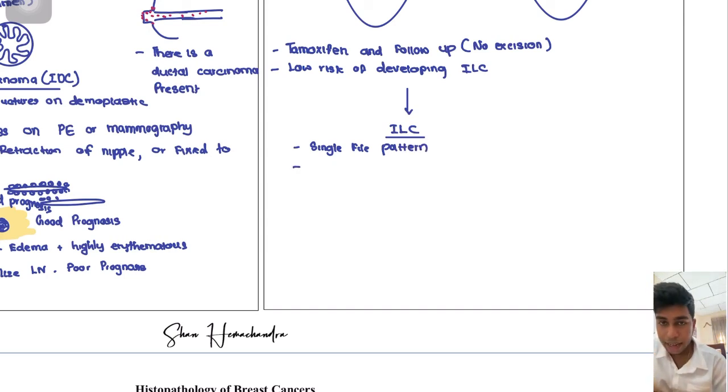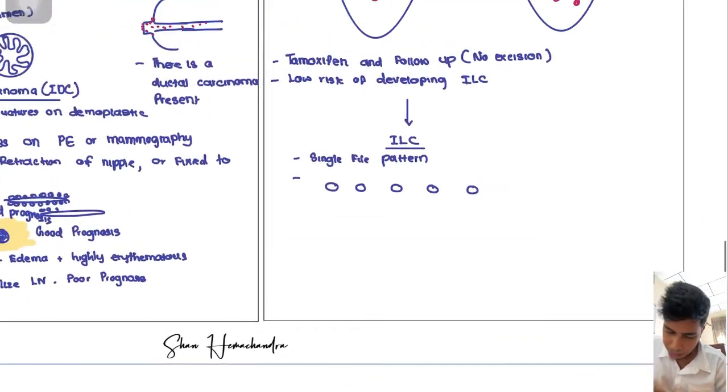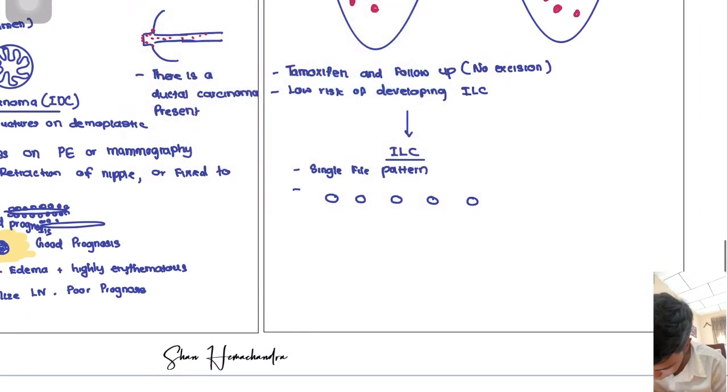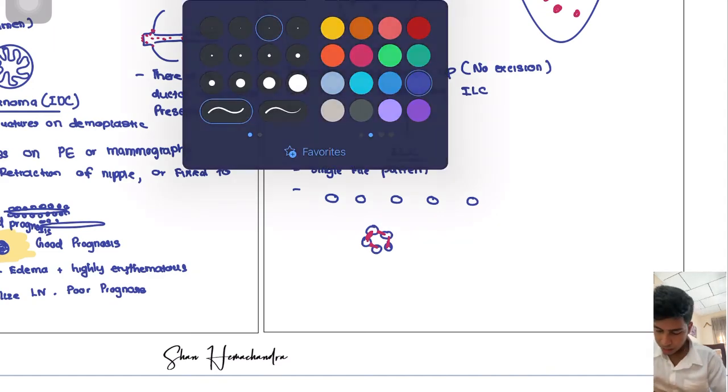And like I said, there are no E-cadherin molecules, so these cells will look more like this. We'll see it on histology, but basically it's not going to be a type of tumor where there is a connection with each other. And this will easily metastasize.